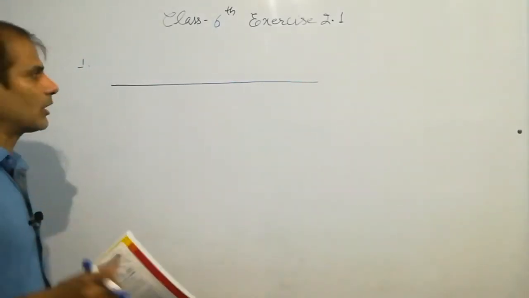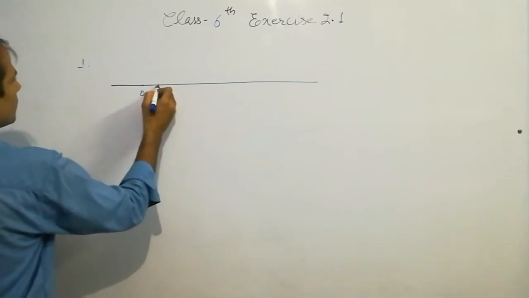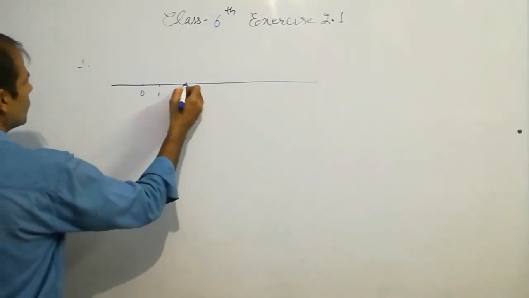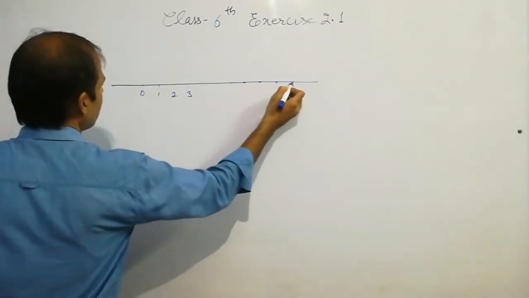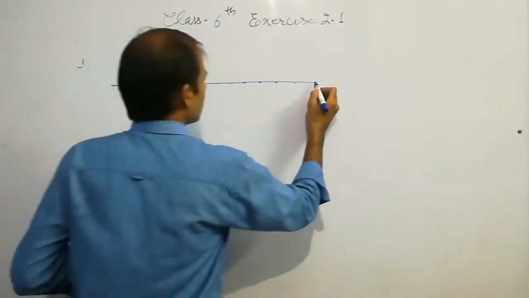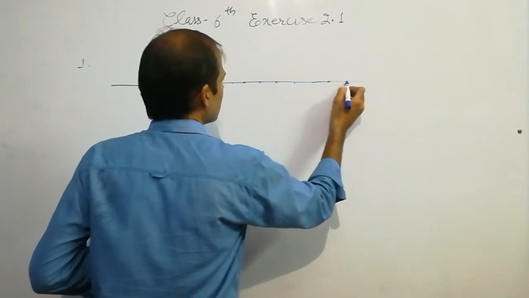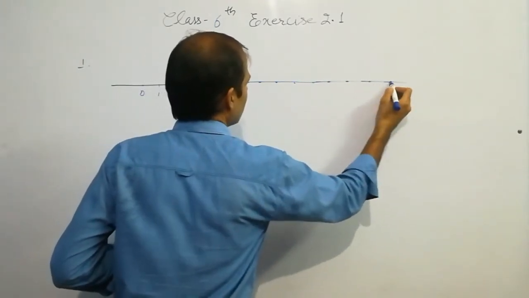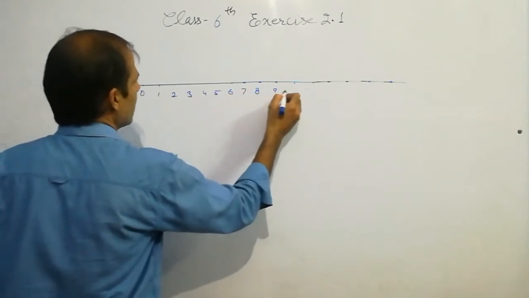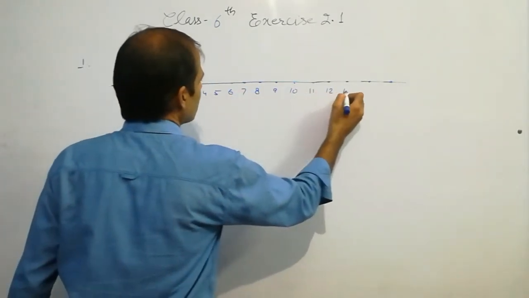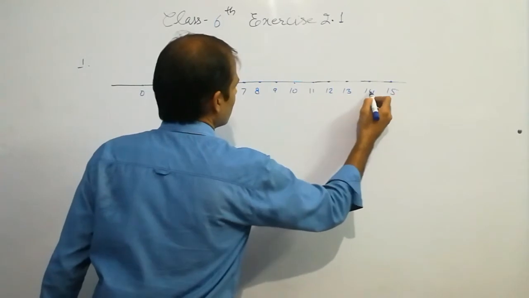Ruler means scale, okay, and write 0, 1, 2, 3, 4, 5, 6, 7, 8, 9, 10, 11, 12, 13, 14 and 15.